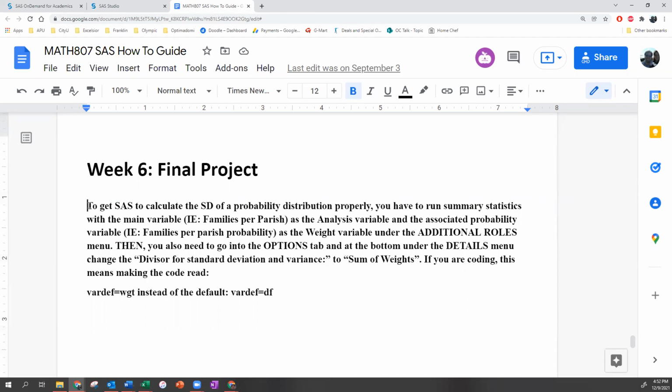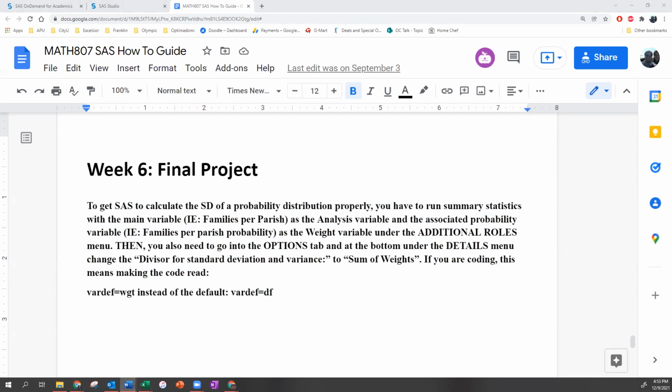So read this, and make sure you do what is said here to switch the options around. When you run the statistical analyses on those probability distributions for the 3 variables, it will calculate the standard deviation properly. If you don't do this, you'll get the means correct, but the standard deviations are all wrong. So you have to change these options, and then it finally gives you the correct standard deviations. Please do that so you can get the correct one.